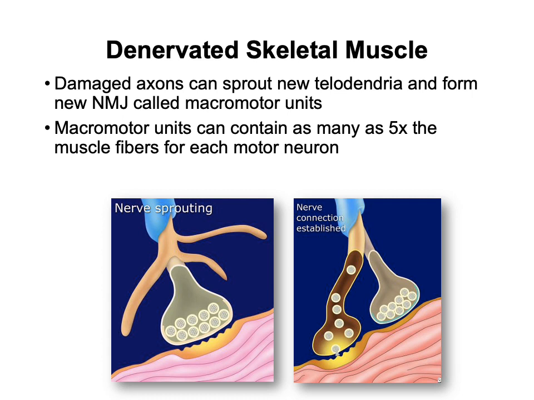With a denervated skeletal muscle cell, like you might see with botulism, the damaged axons can sprout new telodendria and form a new neuromuscular junction, and these will be called microunits. The microunits can contain as many as 5 times the muscle fibers for each motor neuron.